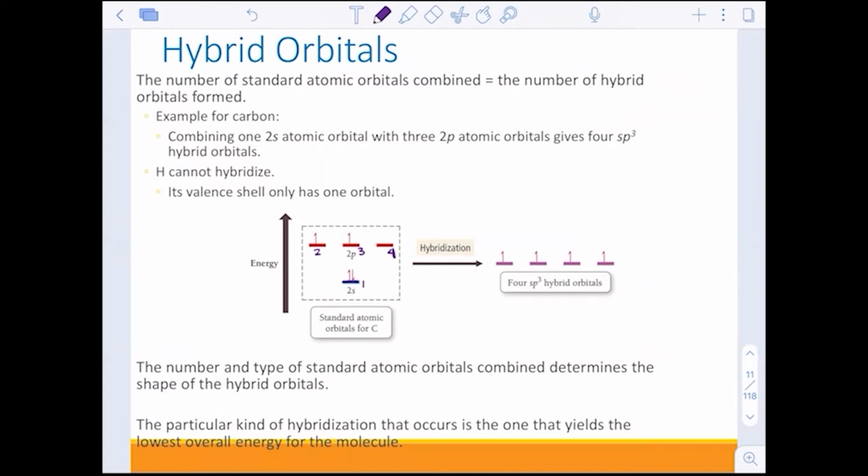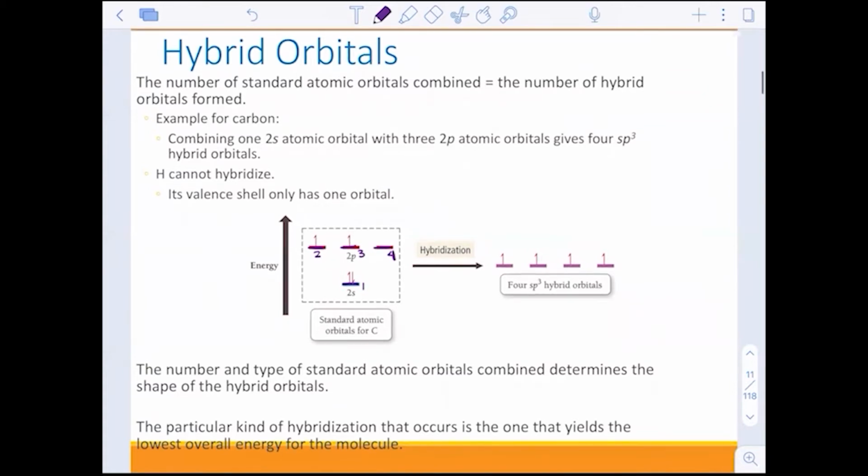I took an s, a p, and a p, and I hybridized them to make 1, 2, 3, 4 degenerate orbitals. Math has to work out. Whatever you put into the cupcakes, you get out of the cupcakes. And so if I put 4 atomic orbitals in, I will get 4 degenerate hybridized atomic orbitals out.